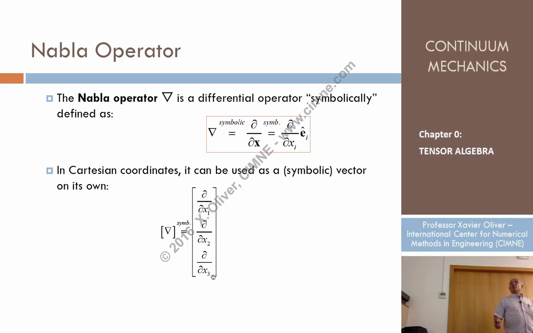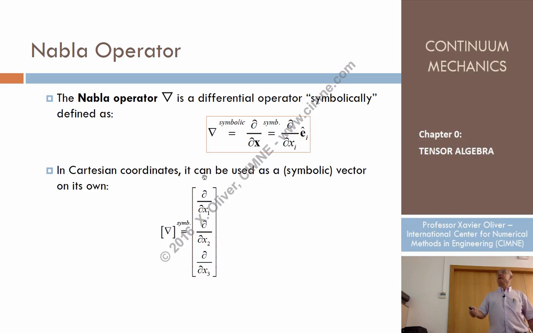It's a vector whose components are not numbers, they are just derivatives. So nabla is symbolically, meaning it's not real, not physical, a vector whose first component is the derivative with respect to x1, the second component is the derivative with respect to x2, and the third component is the derivative with respect to x3.